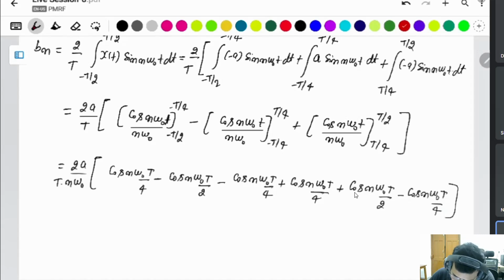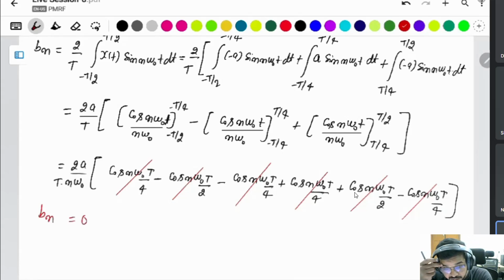In this case you can see this omega naught t by 4 will be cancelled out from this one, this omega naught t by 2 will be cancelled out by this one, then bn will be 0.